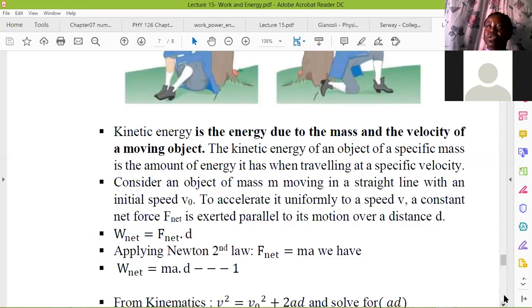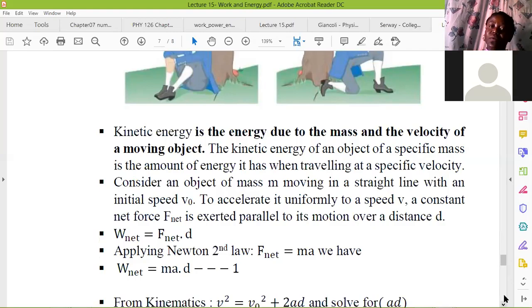If you know the velocity that the object is traveling with, we are able to calculate the kinetic energy. So let's see how to calculate the kinetic energy.